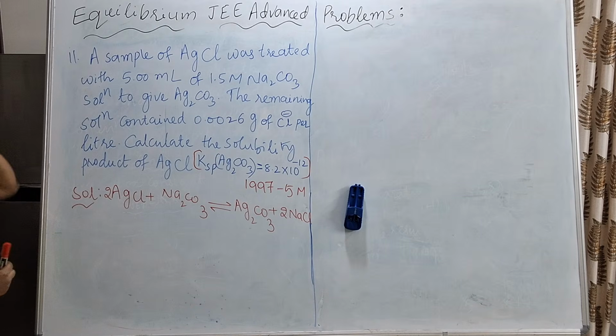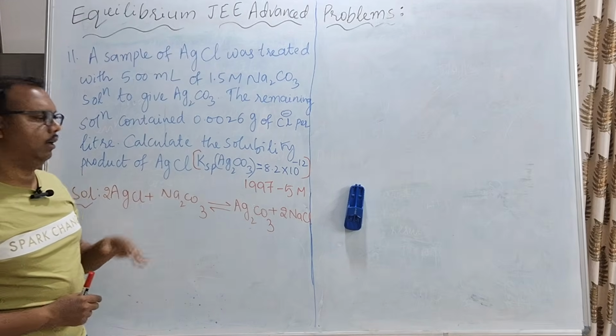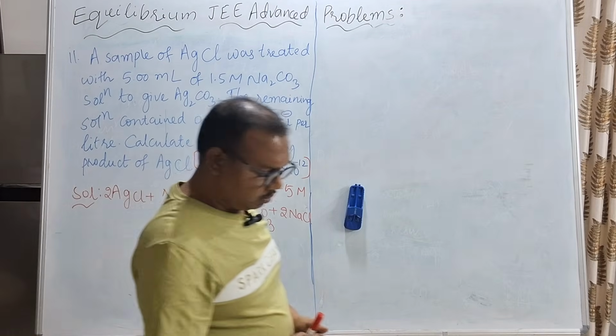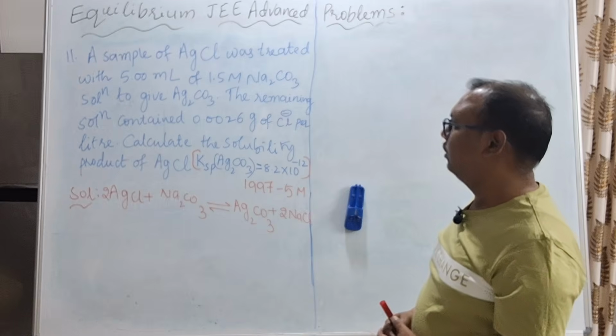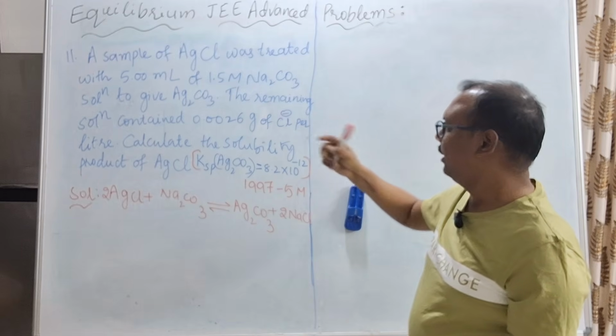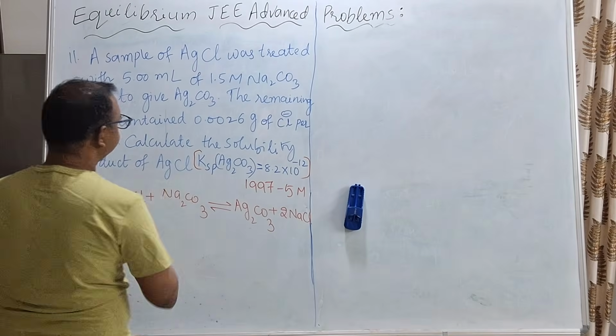Now, see what happens here. The solution was remaining. Cl minus was remaining here. They have given that. But before that, what we are required to find out? What is the concentration of Ag plus? The carbonate concentration is given. Let us write here.